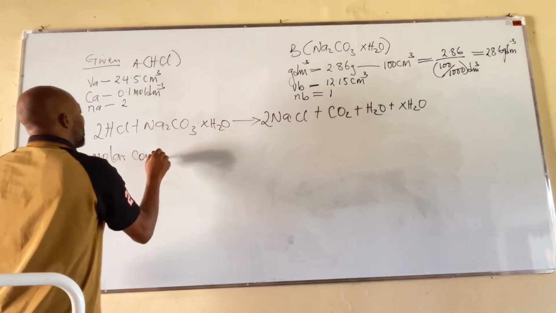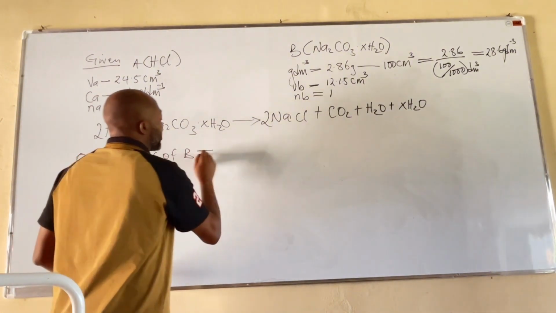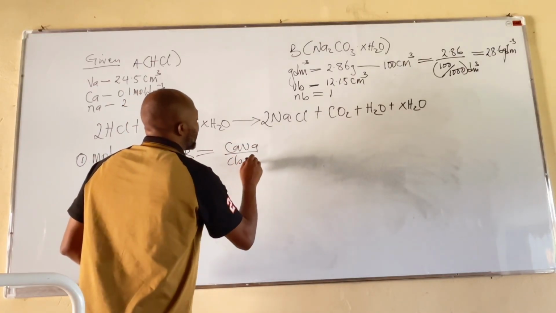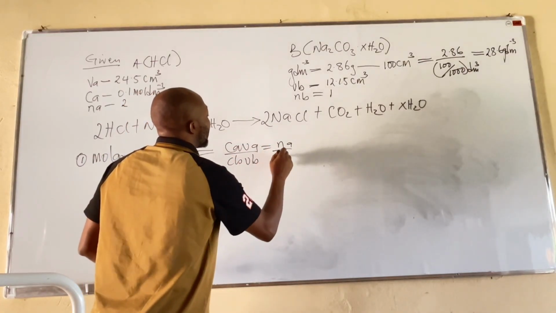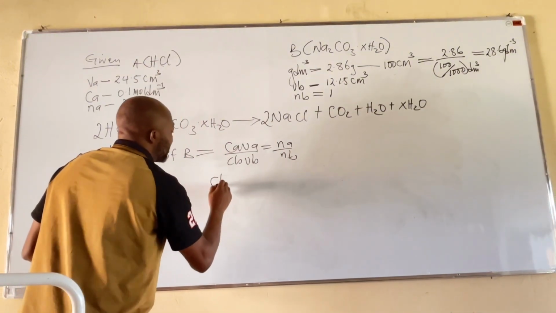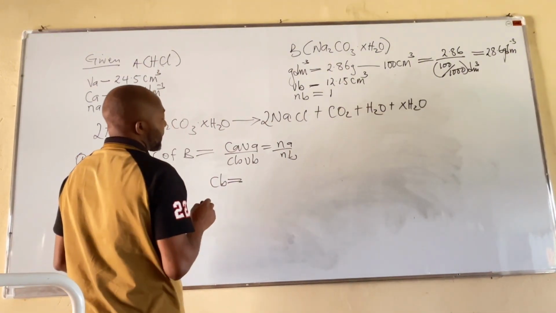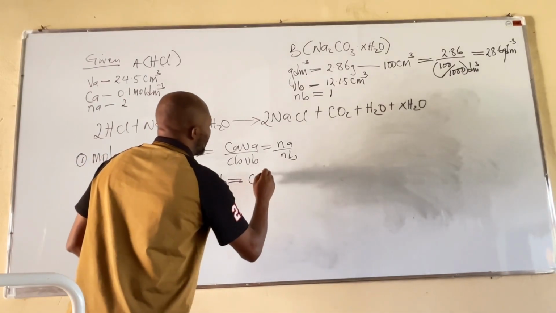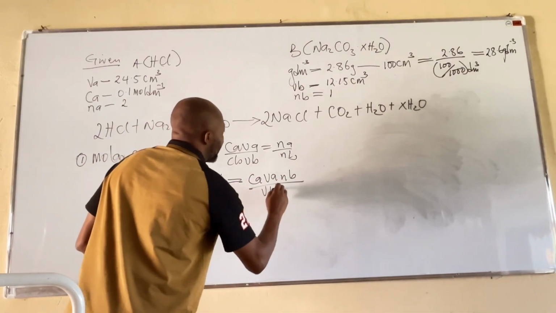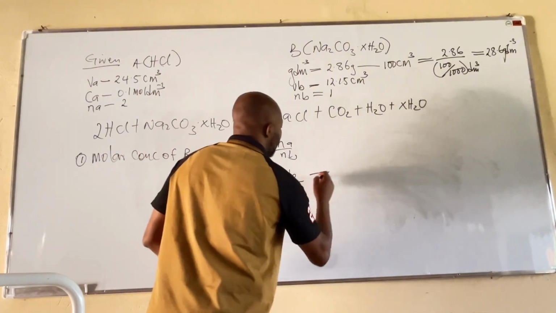The molar concentration of B can be gotten using the formula CAVA over CBVB equals NA over NB. I'm looking for CB, so my CB will be equal to CAVA NB over VB NA.